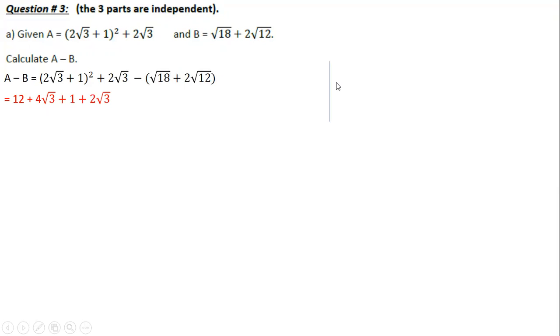Prime factorization. Bravo. So we do the prime factorization of 18. It is 2 times 3 squared. Also 12: is it simplified or can we simplify it more? We can simplify it. Okay, 12 is 2 squared times 3.